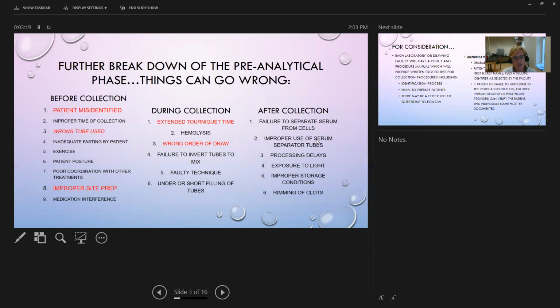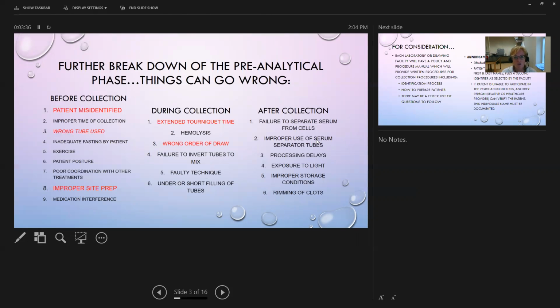The other thing during collection is failure to invert the tubes to mix. So if you don't mix the tubes right away, they can be clotted when they aren't supposed to be. Underfilling tubes: tubes have to be filled, especially coagulation tubes, for the right ratio of anticoagulant to blood.